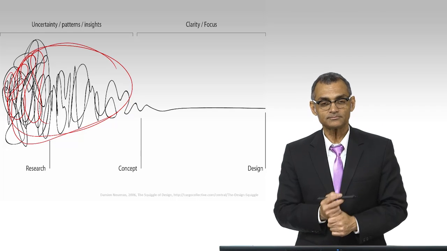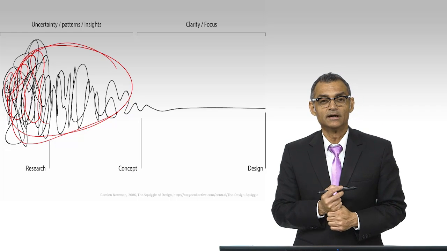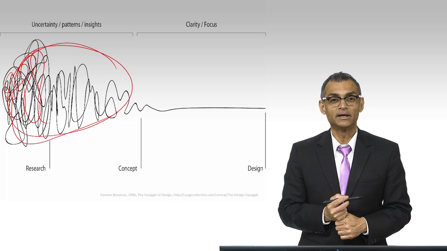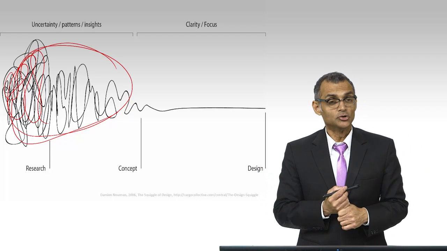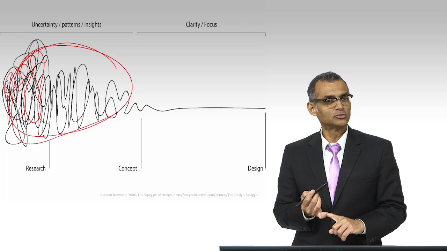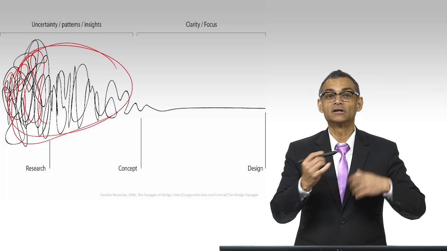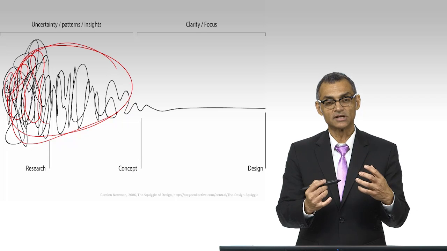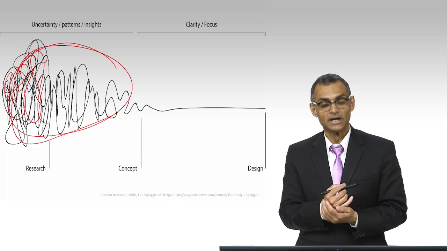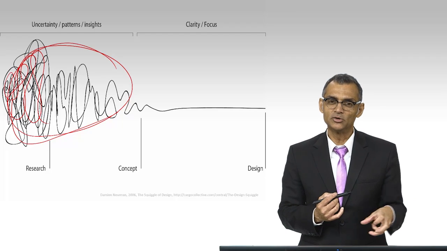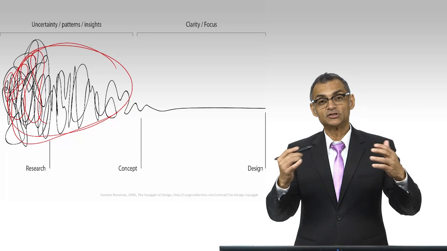For example, if you're designing something that is to be used by children, you don't know what children's needs are. You might not know the development process of children. The first step of the process is to learn about children, to learn about the development process, to learn what might work and might not work. At that stage, there's an enormous amount of ambiguity. You don't know what research you exactly need.